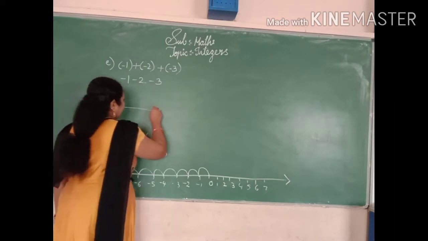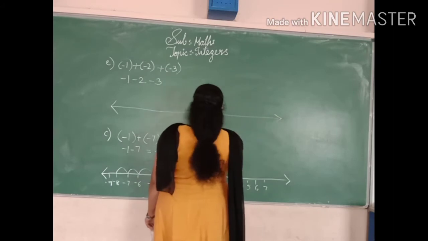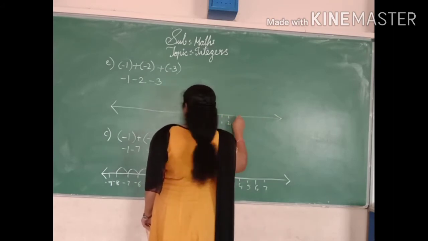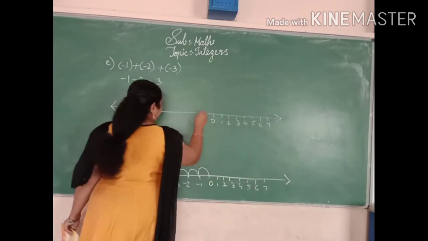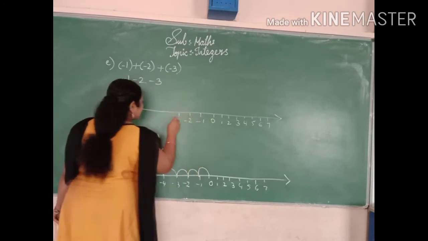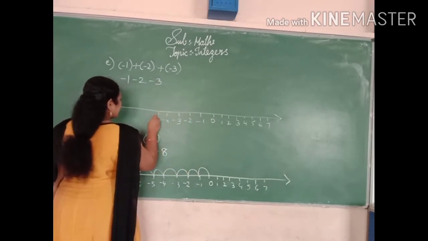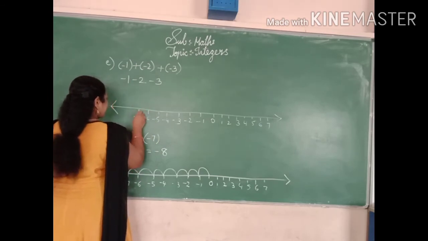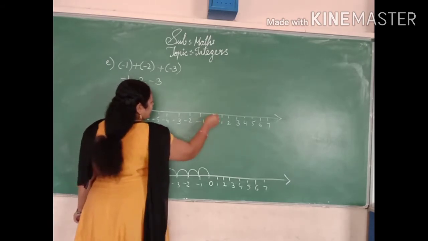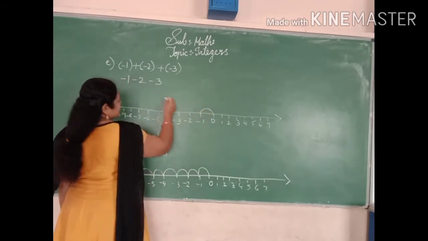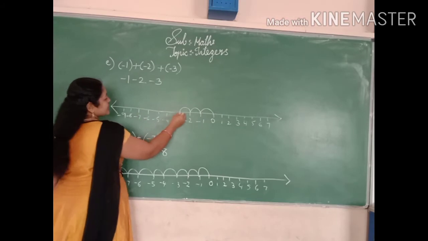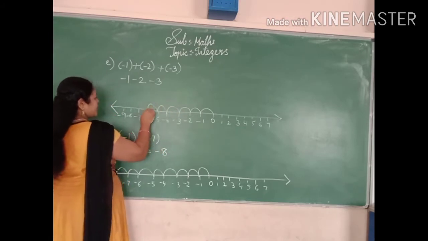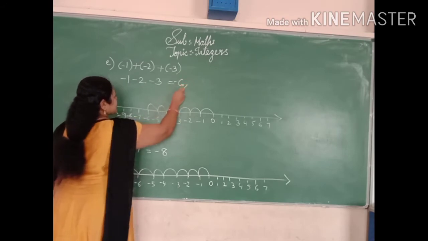So take your number line. With minus 1, minus 2, minus 3. First let us take minus 1, minus 2, we get minus 3. Again we are going to minus 3. 1, 2, 3. Therefore it is minus 6.